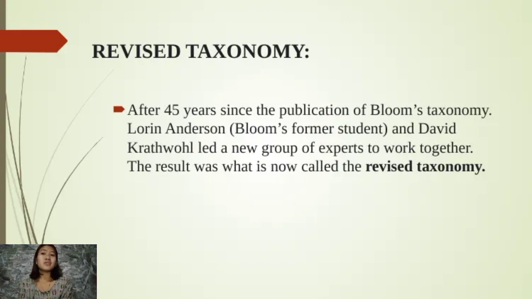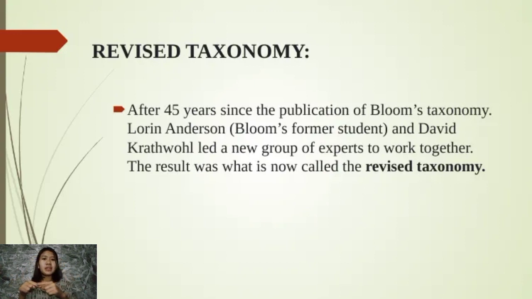The revised taxonomy refers to the emphasis on two learning domains that make up educational objectives: the cognitive, knowledge, and the affective, attitude. The revised taxonomy focuses on six levels.